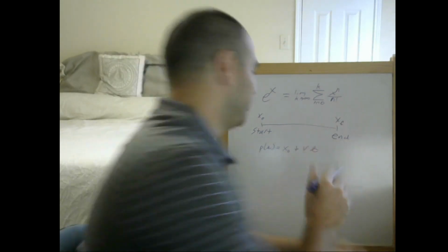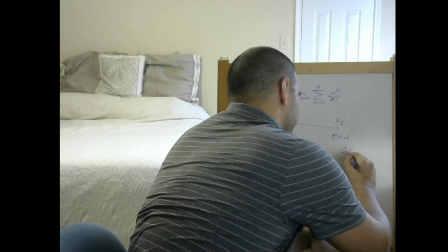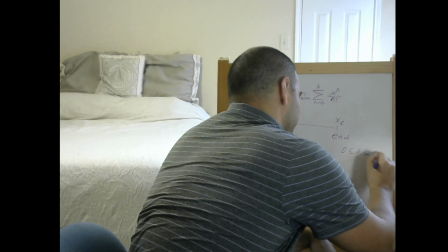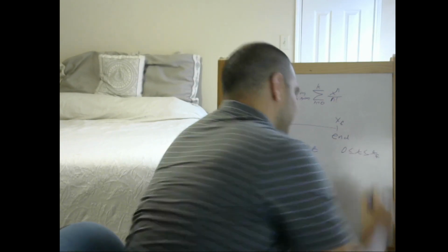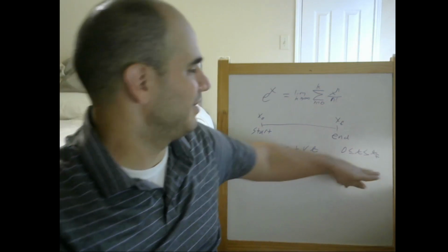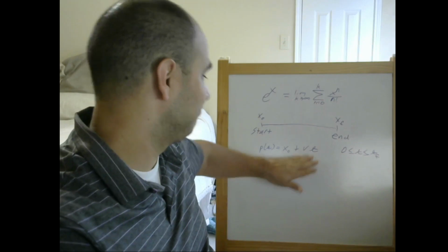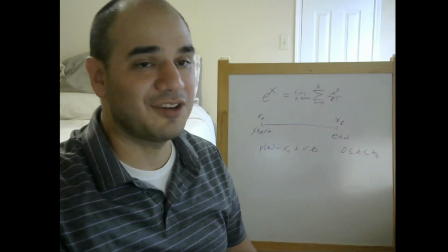Right? So between your initial time and your final time, whenever you cross the finish line, you had this function describe your position. And that's all right.